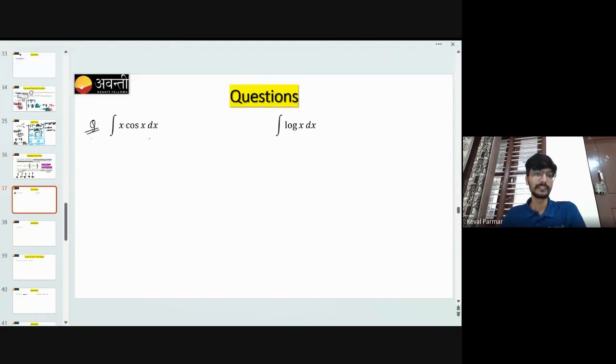Here x and cos x are getting multiplied. So according to the LIATE rule, हम लोग के पास कौन से, we have x meaning algebraic, cos x meaning trigonometric. Out of these two, which came first? Algebraic one came first. So x is my u, cos x is my v.